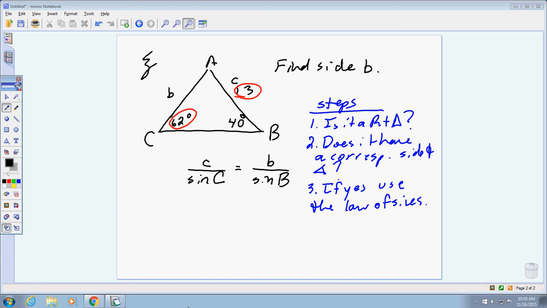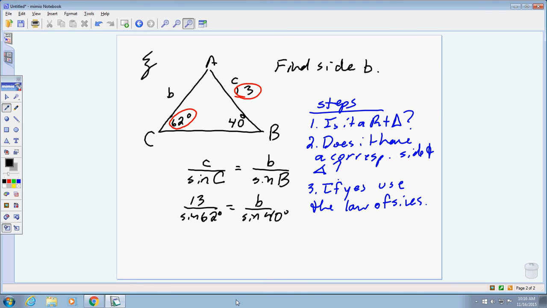So substitute your values, right? Side C is 13 over the sine of 62 degrees equals little b over the sine of 40 degrees. Is our unknown in the top where we want it?